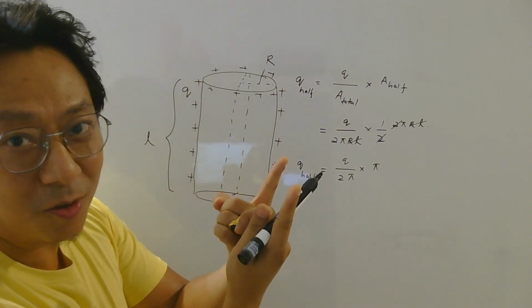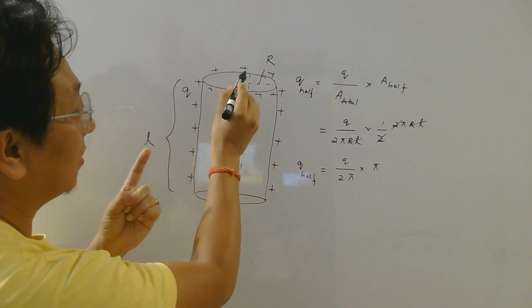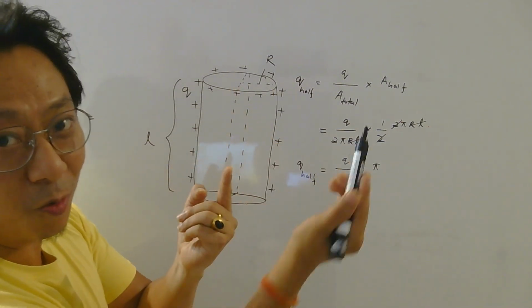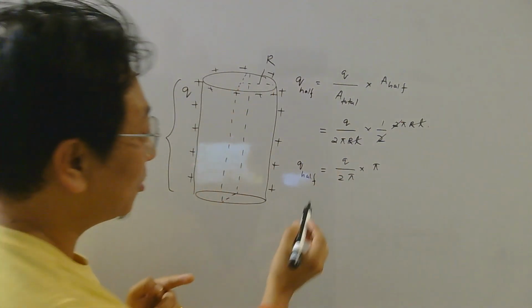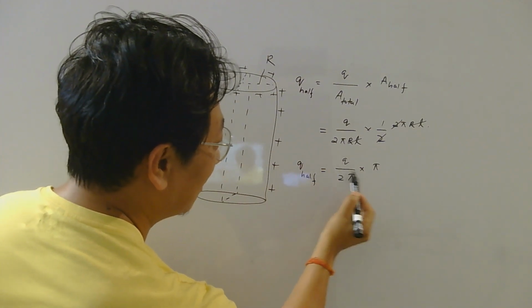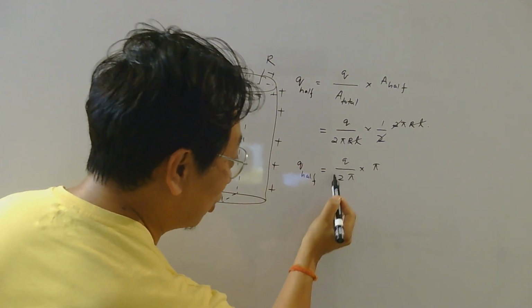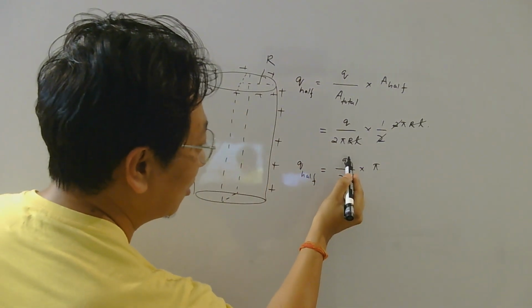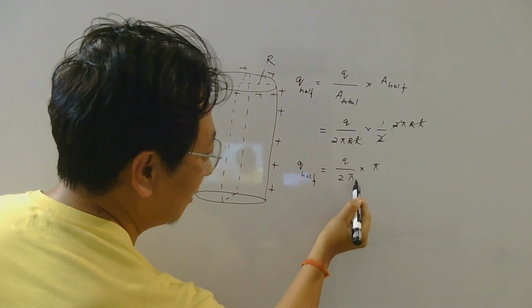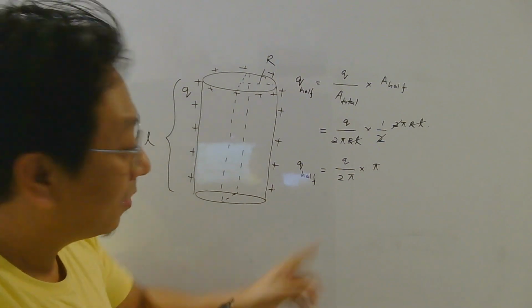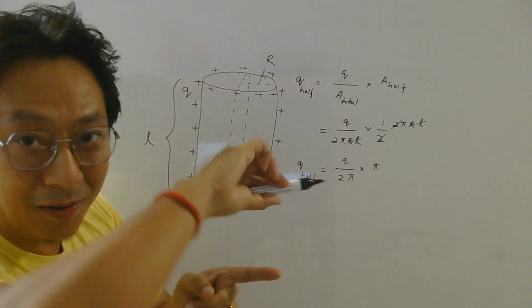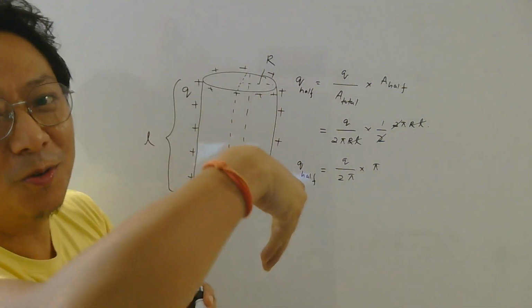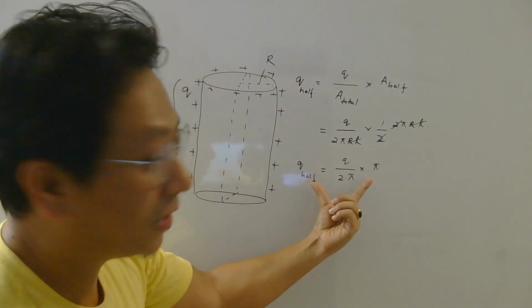But we want charge in only this half, which is distributed in 180 degree. So the total charge given divided by the angle in which it is distributed when you see from the top. This is the angle in which the total charge is distributed. 360 degree means 2 pi radian. Then multiply with the angle in which you want to know the charge. So this is a better way to think.